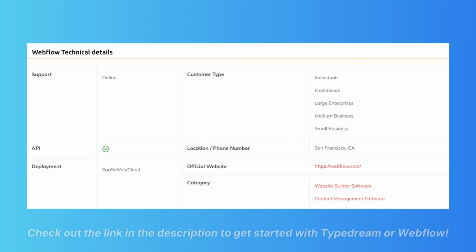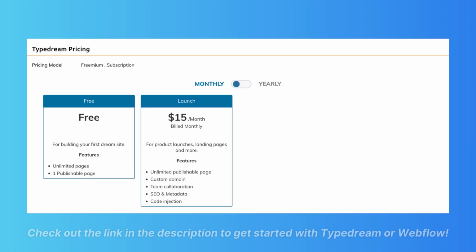For Webflow, the technical analytics support is online. Customer type: a lot of customers can go to Webflow, individuals and really large enterprises, so all kinds of customers. The IPO is available. The headquarters are in San Francisco. Deployment is, again, SaaS web cloud. The official website is webflow.com, and the category is website builder software as well as CMS, content management software.